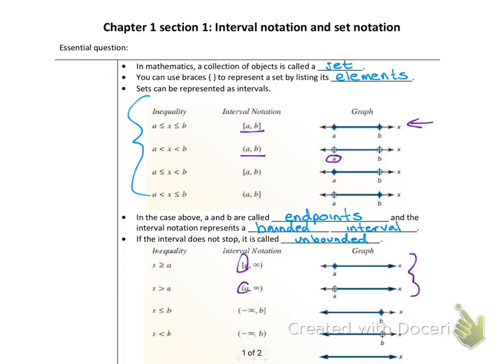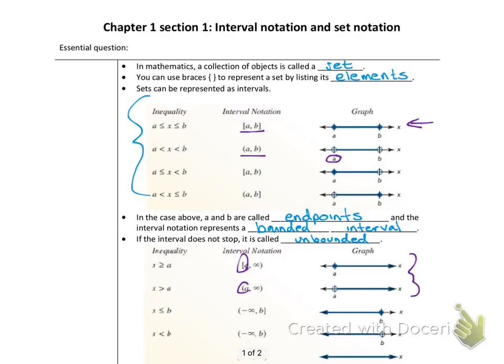Okay, so you use infinity symbols in interval notation. You do not use infinity symbols in inequality notation. As a general rule, we just don't do that. But you do use them in intervals. And I'll show you more examples of this, but this is what it looks like.